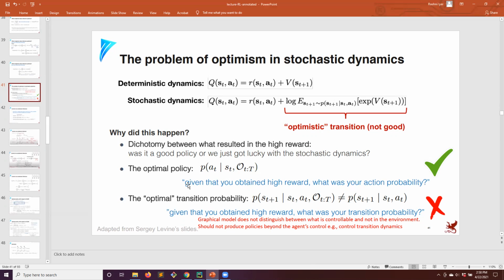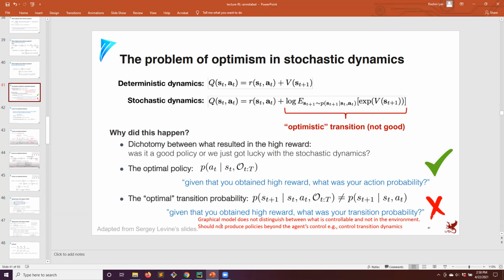And first we want to do the following: given that we obtained a high reward, what is the good set of actions that we have to take? But at the same time, we see that the model tries to find this optimal transition probability, which in other words is, if we obtained a high reward, what is my transition probability?